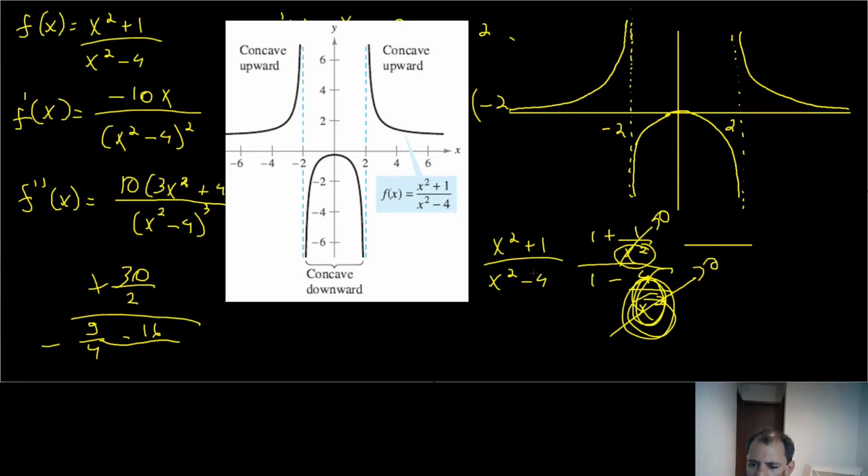So the whole thing, as x approaches infinity, and because it's x squared, minus infinity times minus infinity is going to be positive infinity. As x approaches infinity and as x approaches negative infinity, the graph is going to approach 1 divided by 1, which is 1.